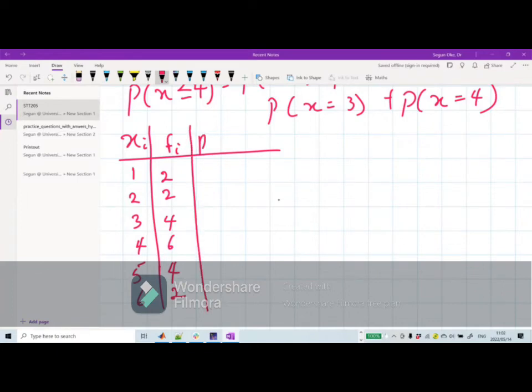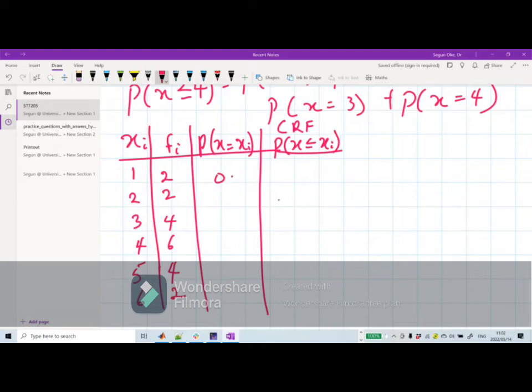Then we have the probability of X equals xi, and then the cumulative relative frequency, the probability of X less than or equal to xi.